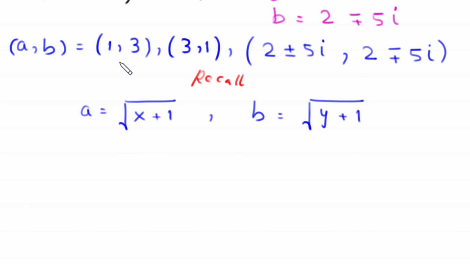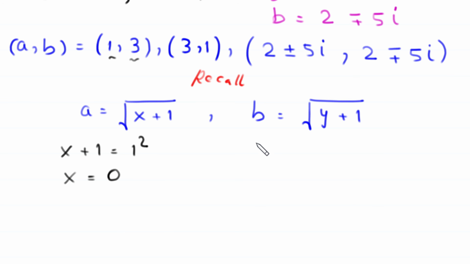For this pair, when a is 1 and b is 3, then x plus 1 will be equal to 1 squared, and this implies that x is equal to 0.